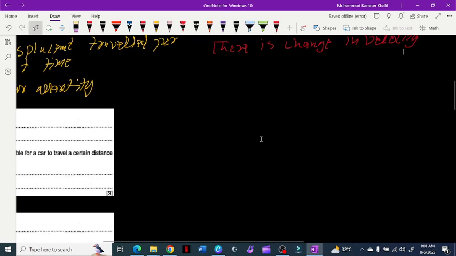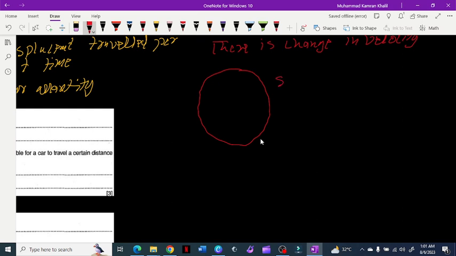Another example, because these examples will be helpful in order to solve the past paper question. An object is traveling in a circular path with the speed of, let's suppose, 10 meter per second. So is there any change in velocity? If you say no, you are wrong. If you say yes, you are right. There is change in velocity. Object is moving with constant speed.